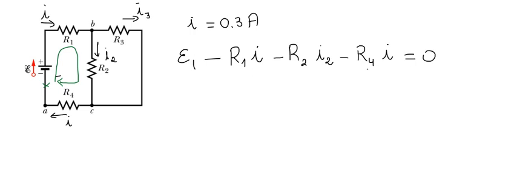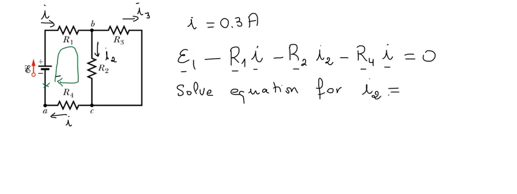Here we know everything: I, R4, R2, R1, E1. We can solve this equation for I2. After numerical application, you can try it yourself, it will give you I2 equal to 0.18 ampere.